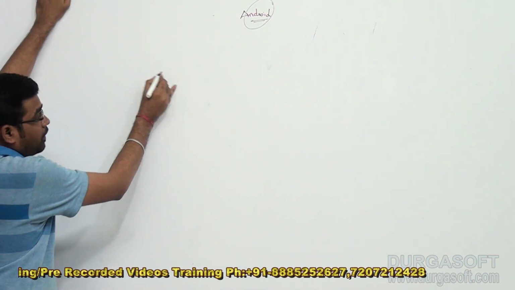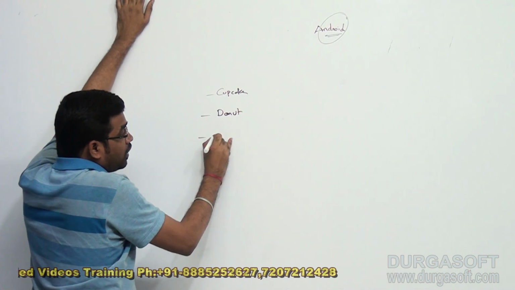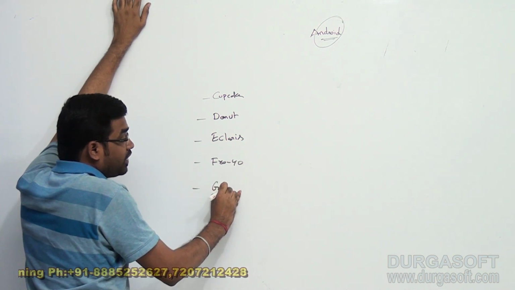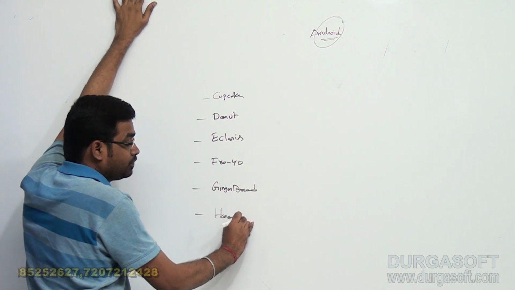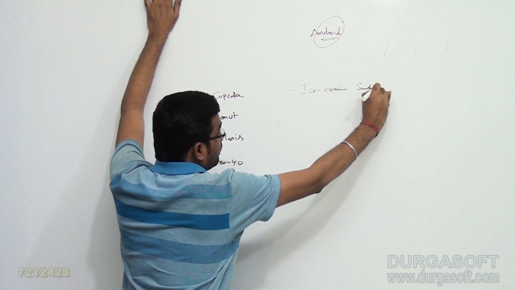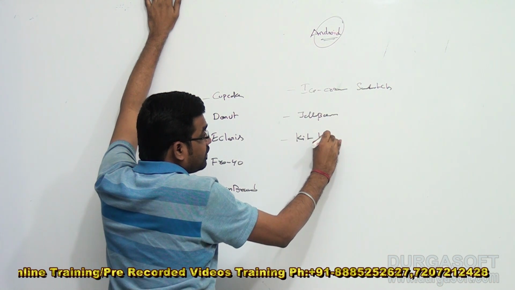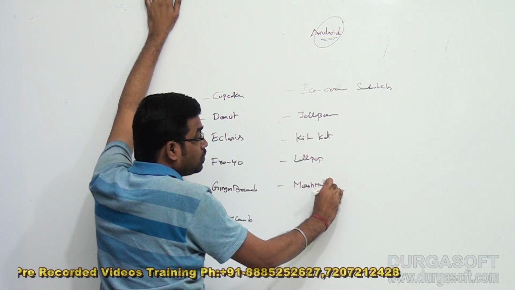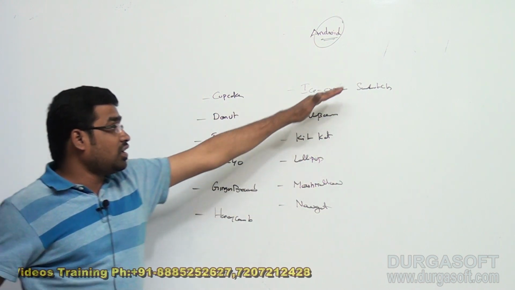The first versions, A and B, are removed, and the versions from C are Cupcake, Donut, Eclair, Froyo, Gingerbread, Honeycomb, Ice Cream Sandwich, Jelly Bean, KitKat, Lollipop, Marshmallow, and Nougat. These are all the versions we already have in the market.